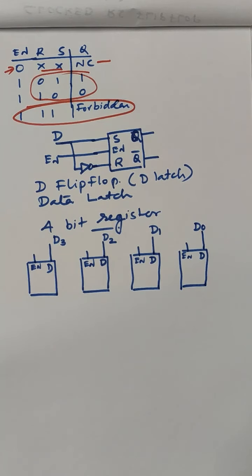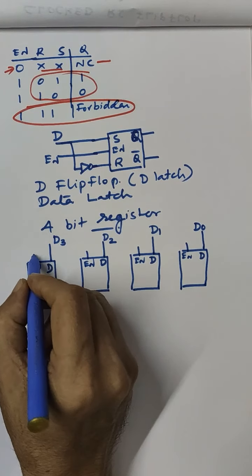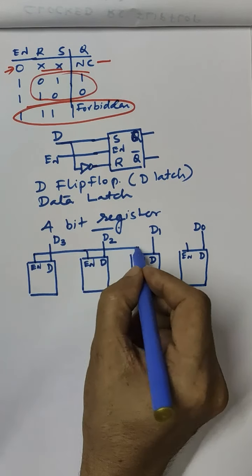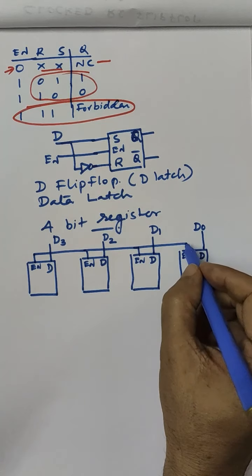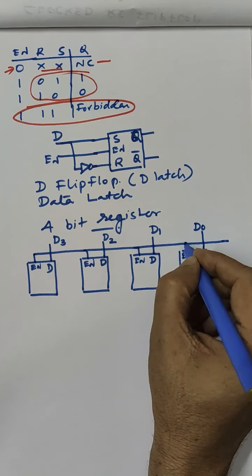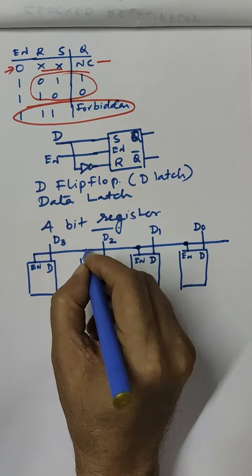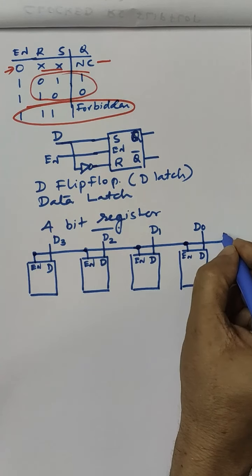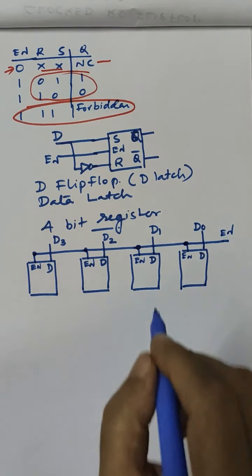How will you connect this enable? I have already mentioned that the purpose of the enable signal is for synchronizing the operation of different units. So obviously you have to interconnect them and join them, taking it as a common input. We can call it the common enable input, enable or clock.